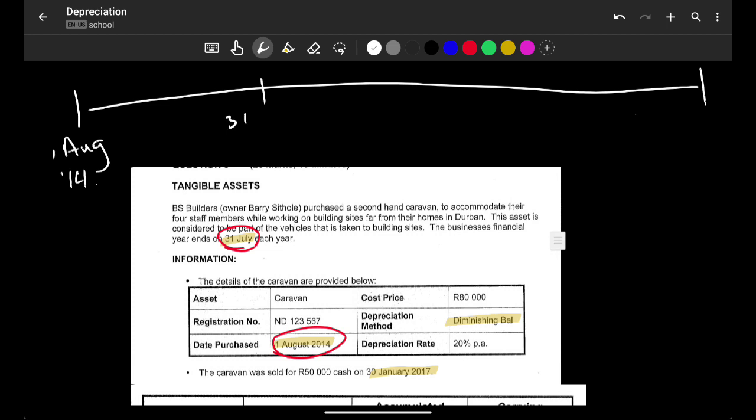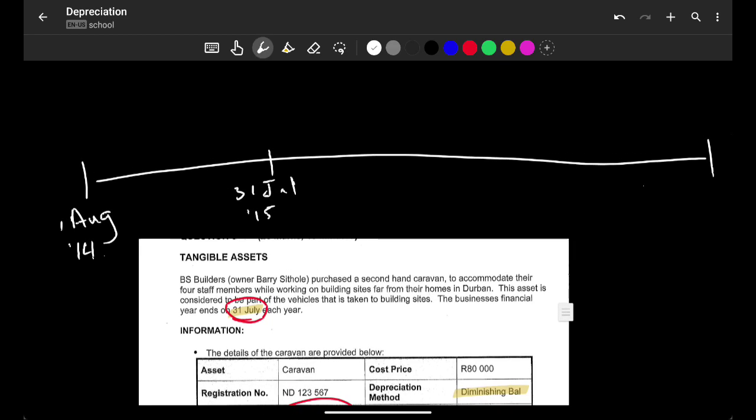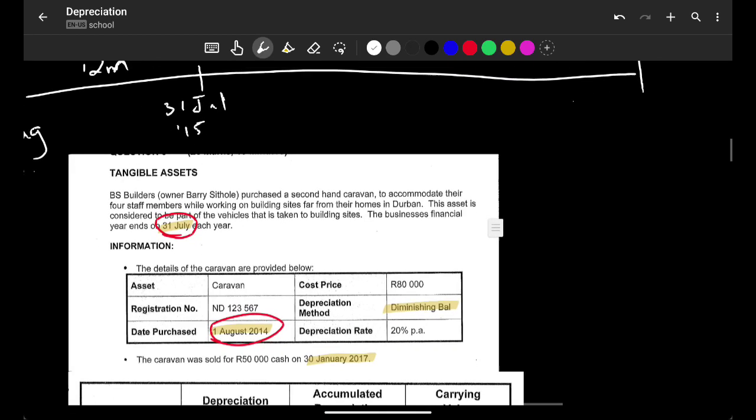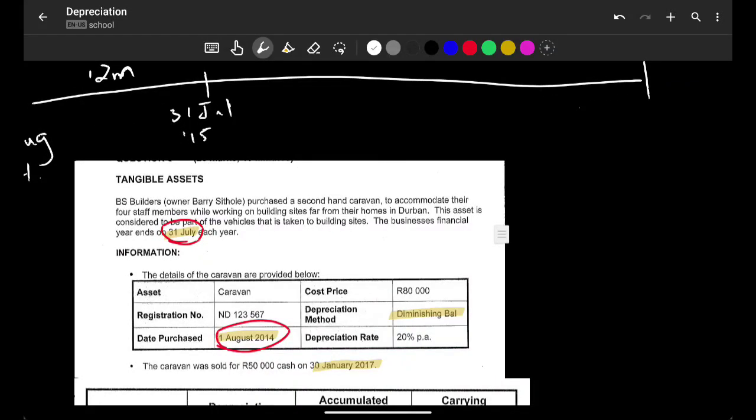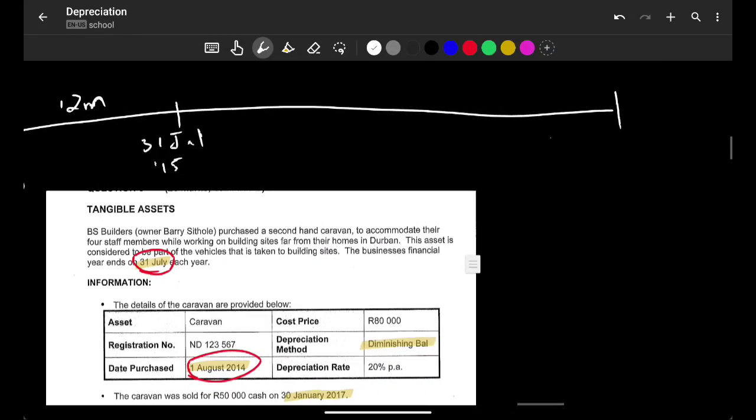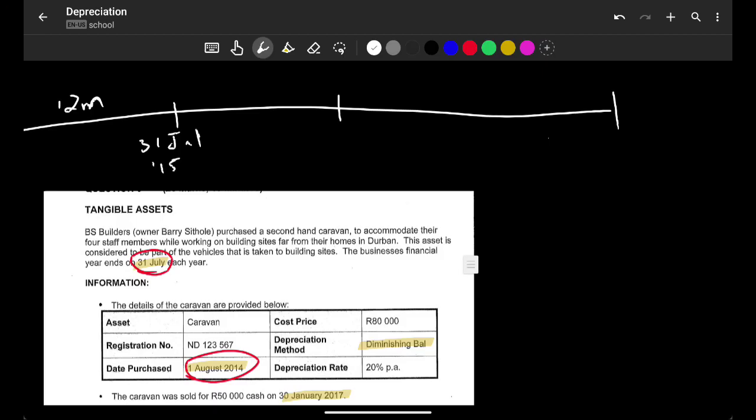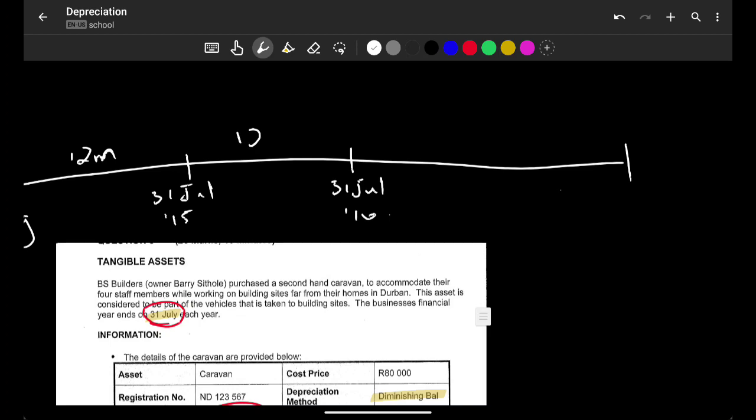So 31 July 2015, we know that this is 12 months. Just going to write 12M there. Then from July up until July the next year, 31st July 2016, and that is another 12 months.